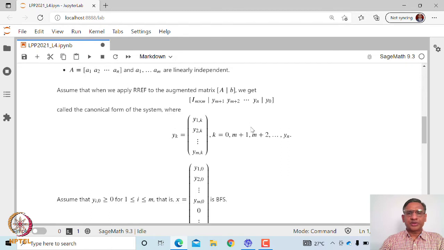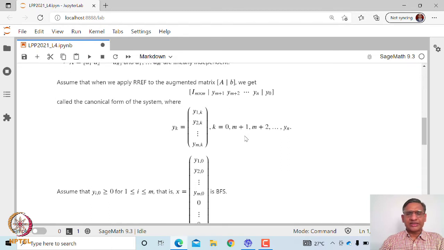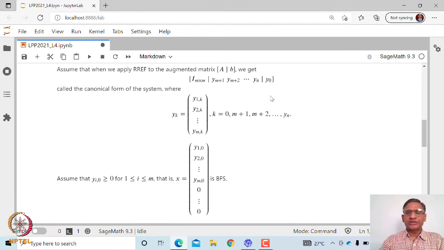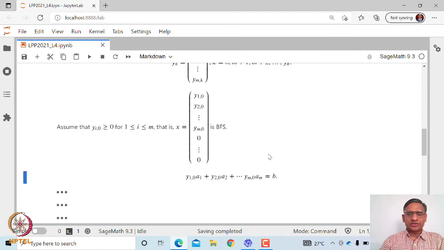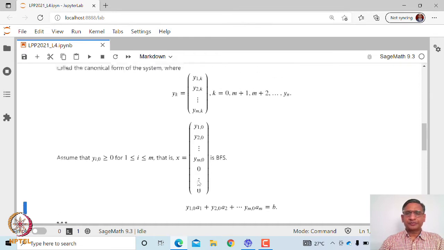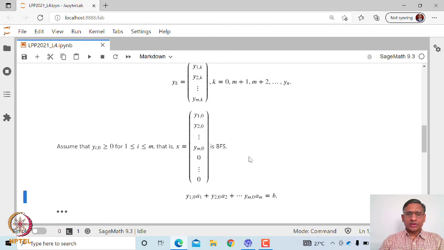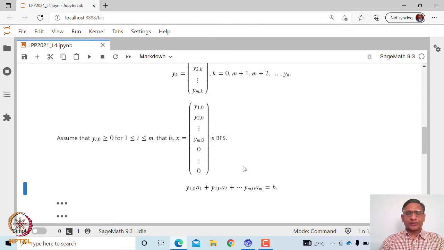From this canonical augmented matrix, since y0 is a basic feasible solution, it is the same as saying y10 times a1 plus y20 times a2 plus ... plus ym0 times am equals the right hand side, that is b. That is the meaning of y0 being a solution.